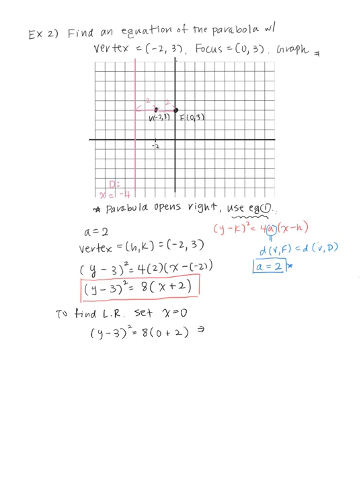That implies that y minus 3 squared equals 16. So y minus 3 equals plus or minus the square root of 16, which is plus or minus 4. So either y equals 4 plus 3 or y equals negative 4 plus 3, which gives us 7 and negative 1. So our latus rectum points are 0, 7 and 0, negative 1.